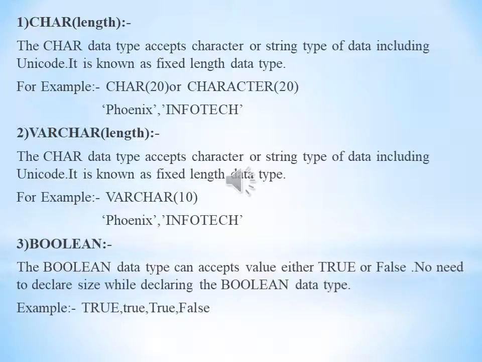First is char. The char data type accepts characters or string type of data, including Unicode. It is known as a fixed length data type. For example, char in brackets 20 is the size of the character in brackets.